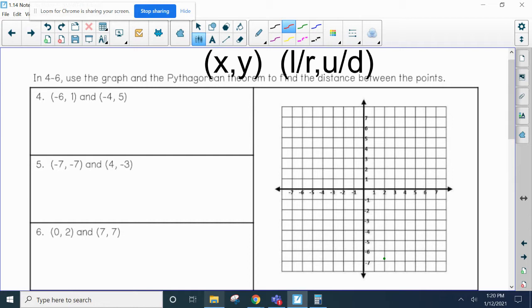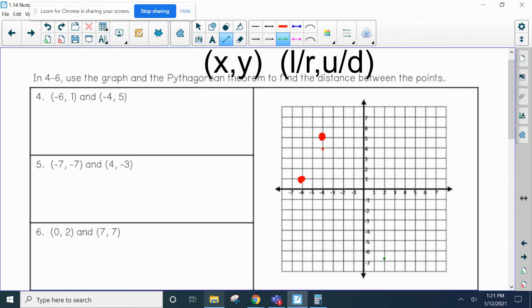So -6, left and right. So -6 is left 6, and then +1 is going to be up 1. So left 6, up 1, because -6 is to the left, and +1 is up 1. And then we have -4, so we're going to go to the left 4. And then +5, we're going to go up 5. So left 4, up 5.